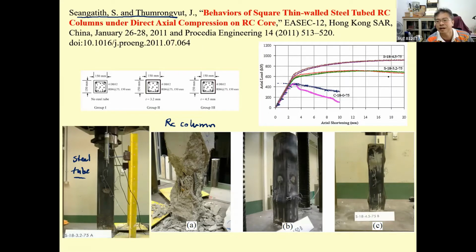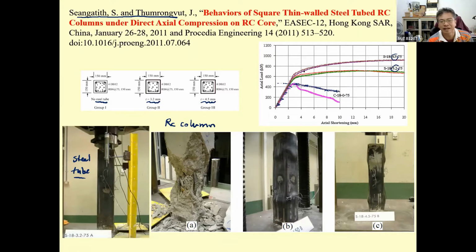when we increase the thickness of the tube, okay, this is 3.2 thickness of the tube, this is no steel tube, this is 3.2 millimeter thickness, and this is 4.5 millimeter.